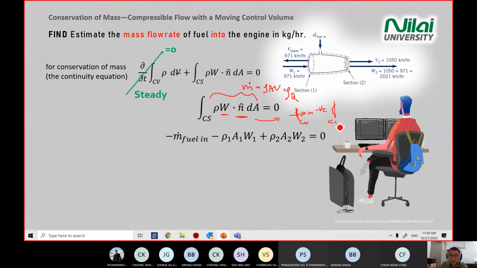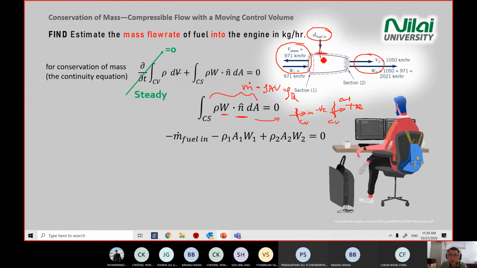Again, this is a control surface. If the fluid comes out, it is positive. So here we have flow in and flow out: section 1, section 2, and the fuel injected here, passing through the control surface.